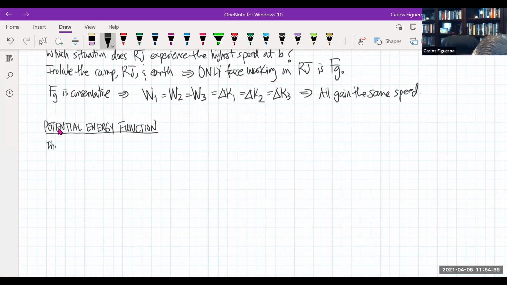So physically, we've already defined the potential energy function.